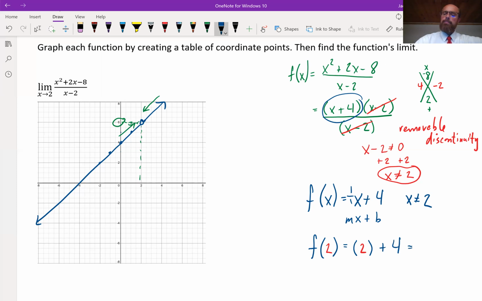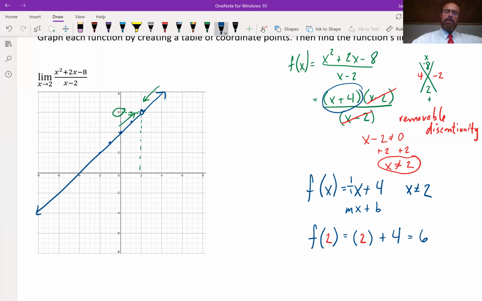And adding those up confirms what we're seeing on the graph. So with that, we're complete. We can write our limit statement. So the limit as x approaches 2 of this rational function, x squared plus 2x minus 8 over x minus 2, is simply 6.